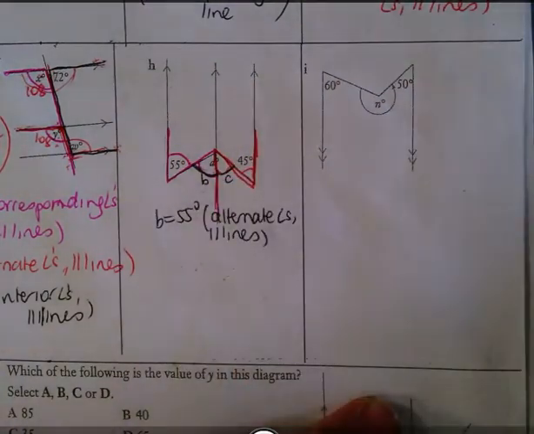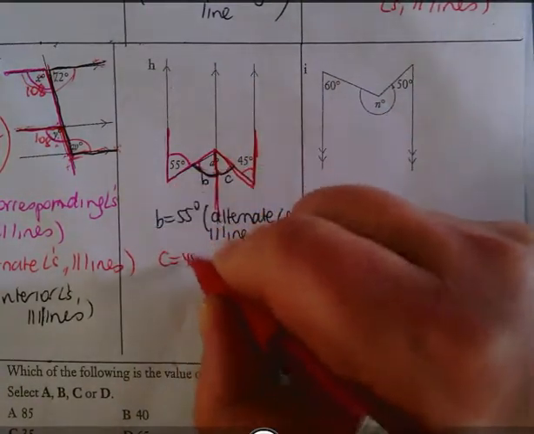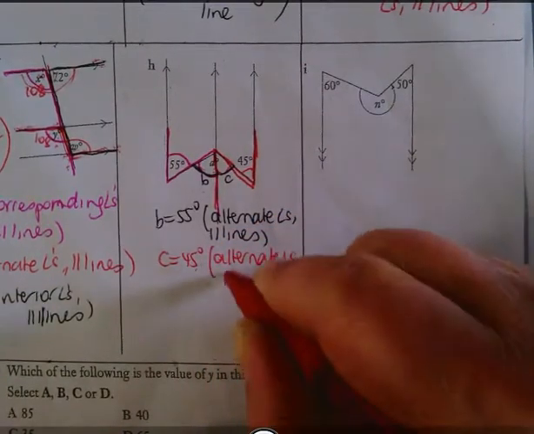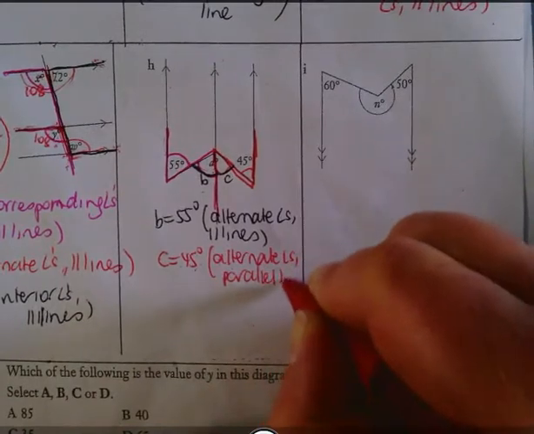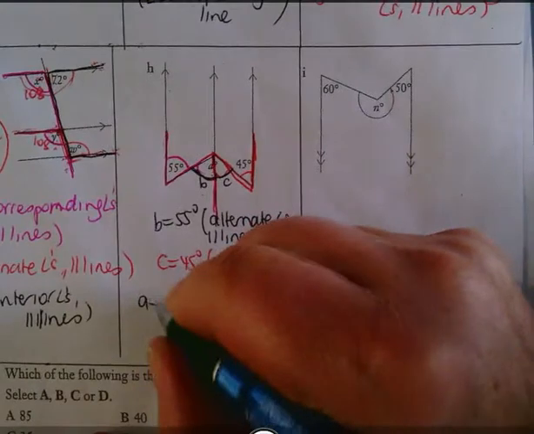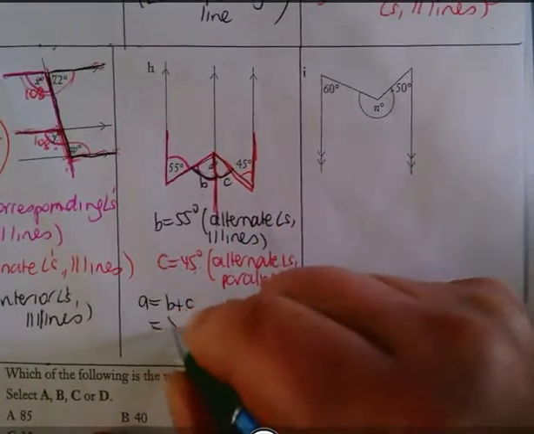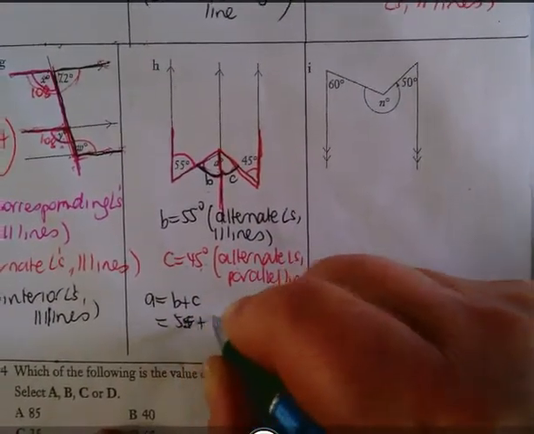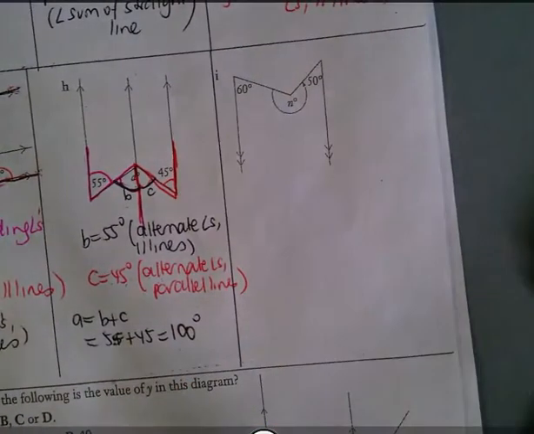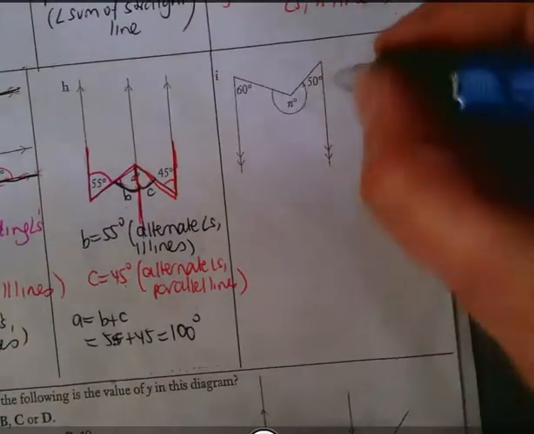So I've got that C is 45 degrees. Again, alternate angles, parallel lines. And we know that A is the sum of B plus C, which is 55 plus 45, sorry about that, which is 100 degrees.